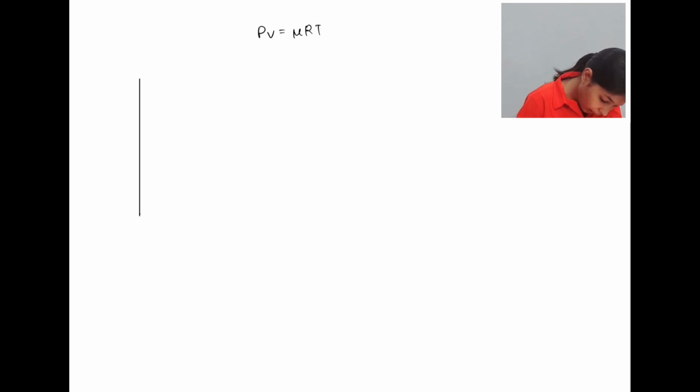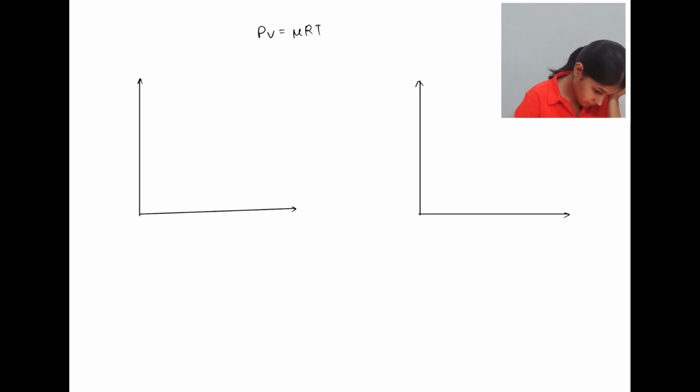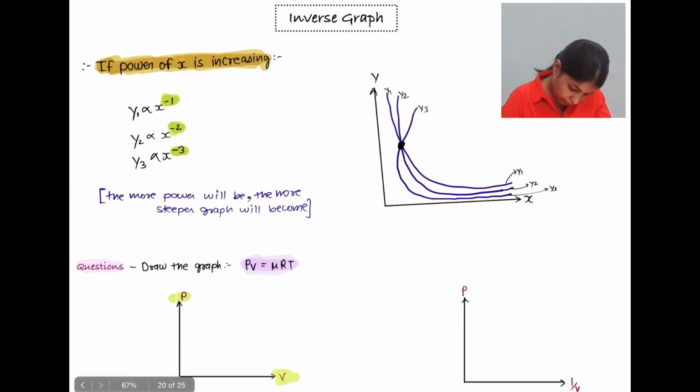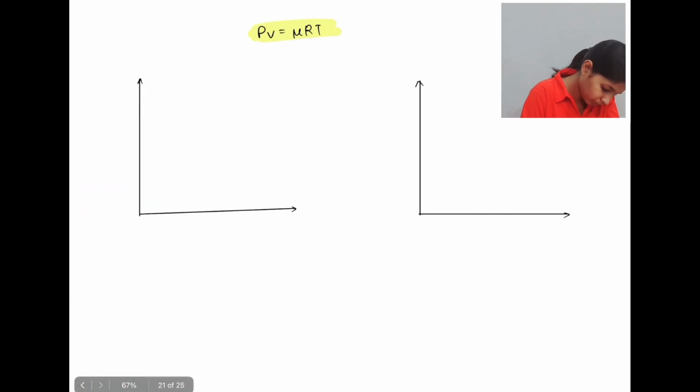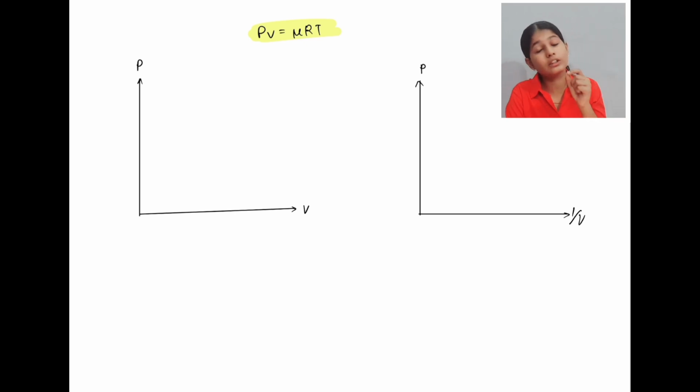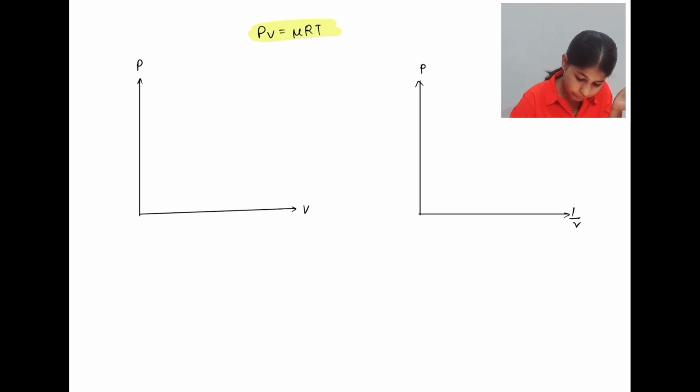You have to plot a graph between PV and 1 upon P, PV and 1 upon V. This is a very important concept, and you should understand it with a little bit of focus. Let me highlight these: PV, P, 1 by V.